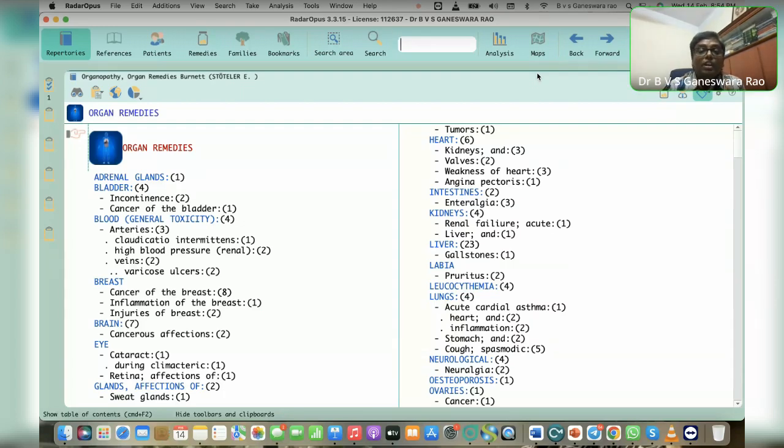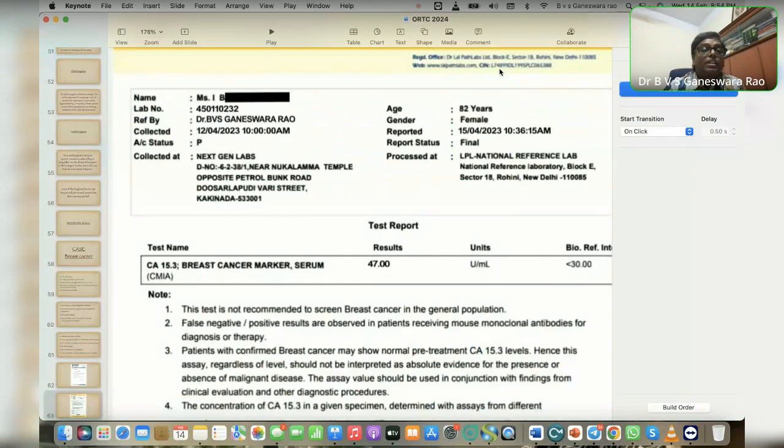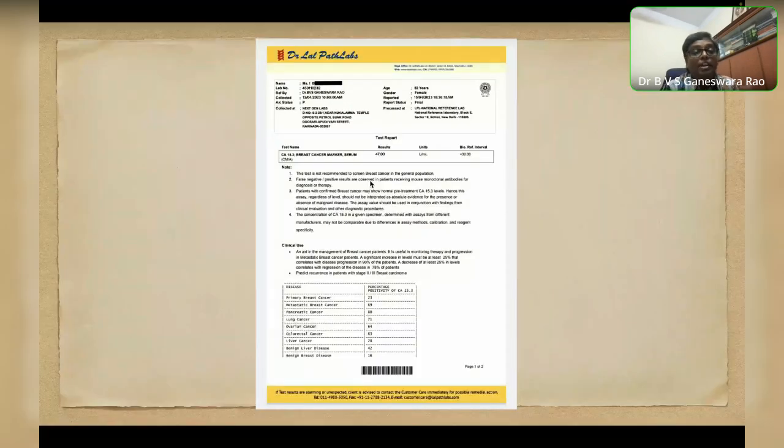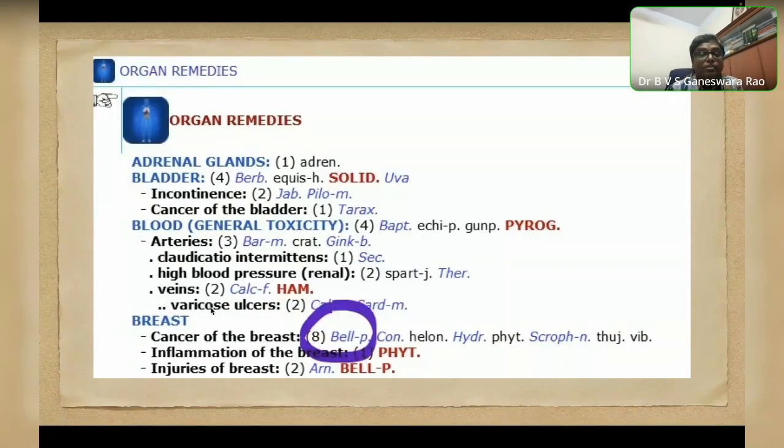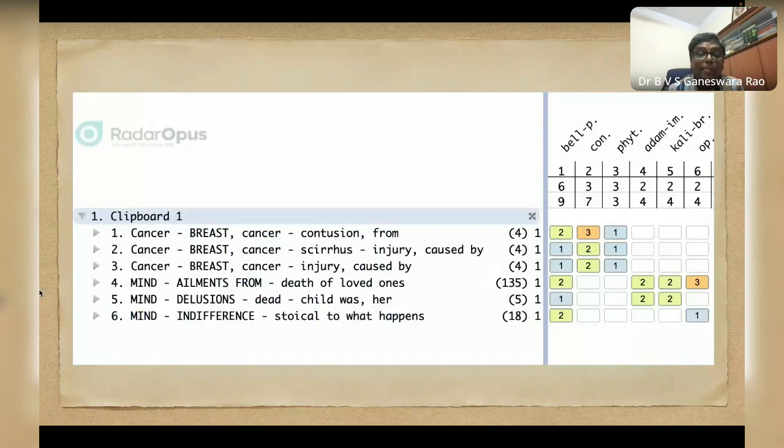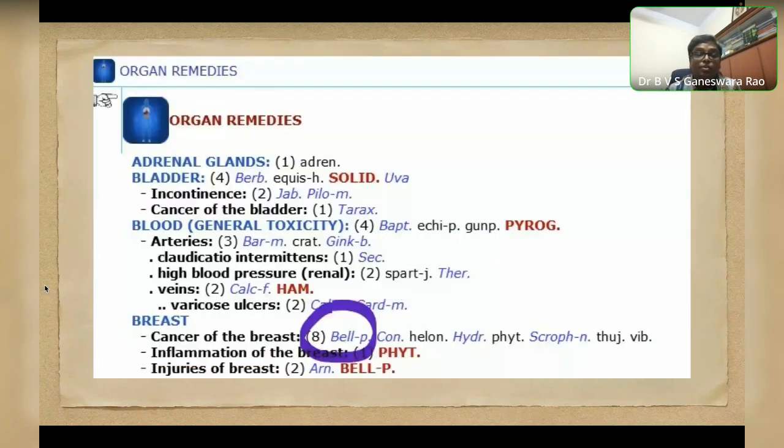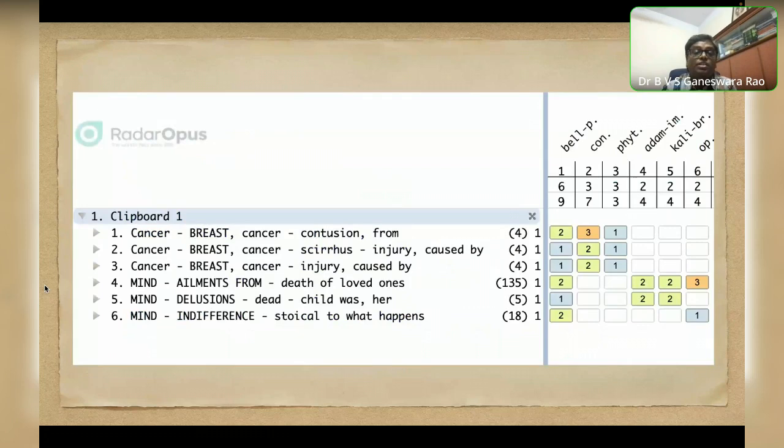So in this case, because nothing was available to go with, I used simple organ remedies for breast cancer. These are the remedies I had: Bellis perennis, Conium, Phytolacca, Chelidonium and so on. And then I did some repertory analysis also: breast cancer, contusion from injury, caused by.